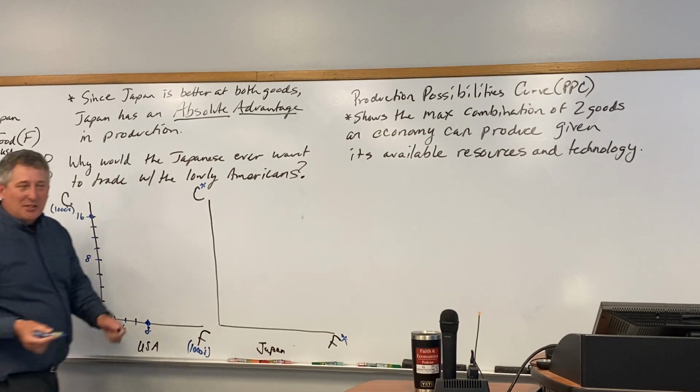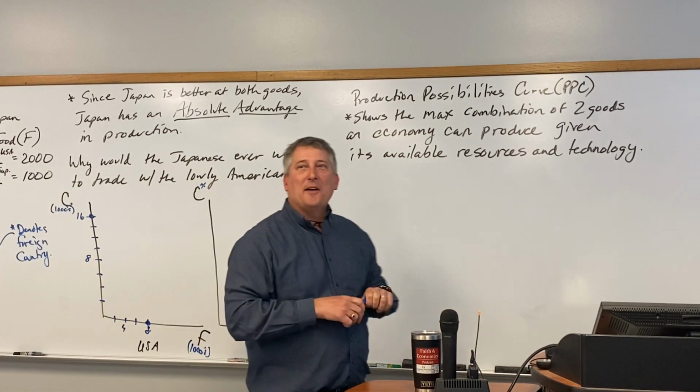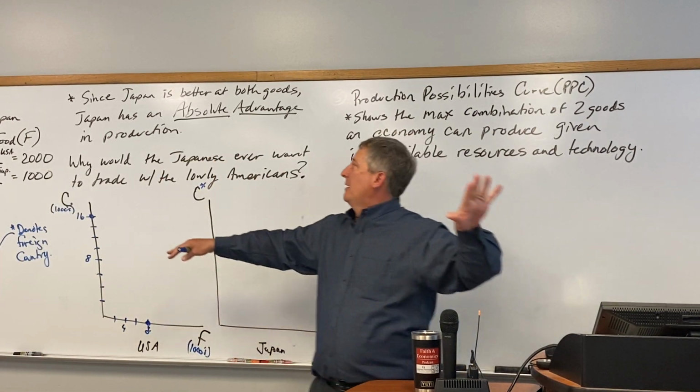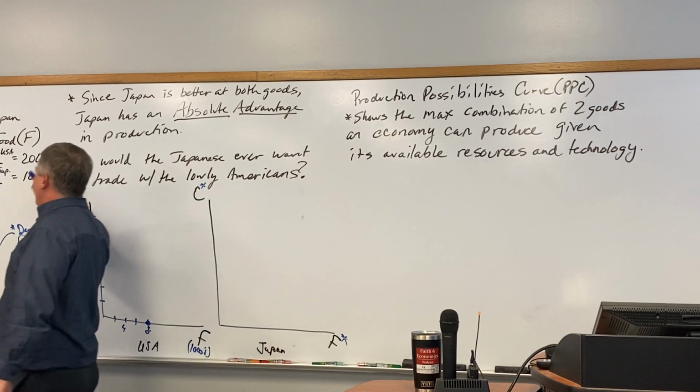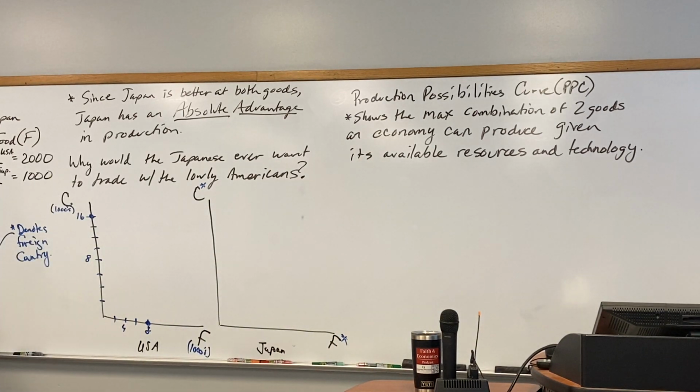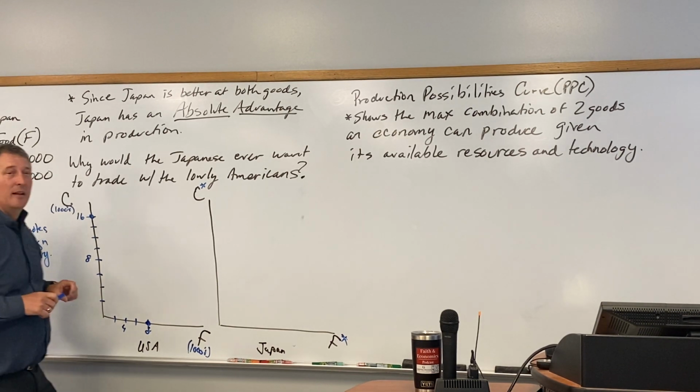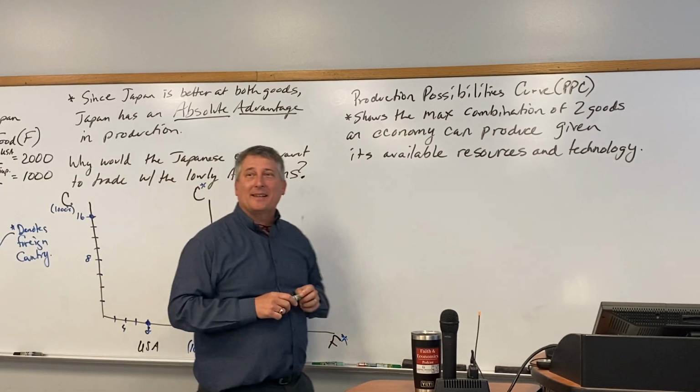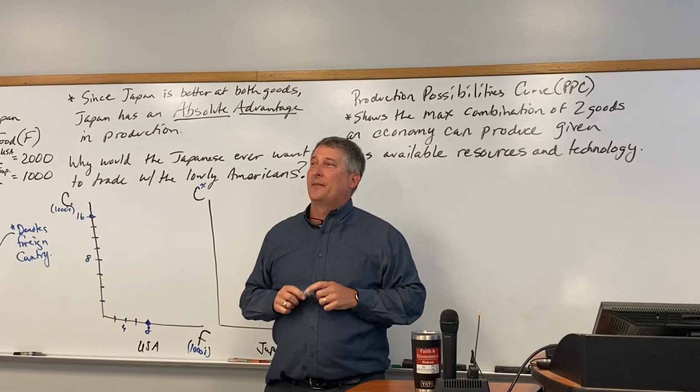All right, challenge question. What if we split them up? 1,000 people on cars and 1,000 people on food. Where are we at? How much of each good? 1,000 people devoted to car production and 1,000 people to food production.